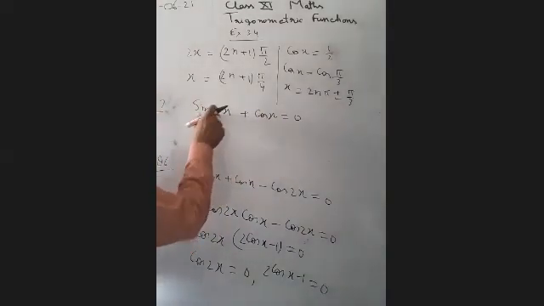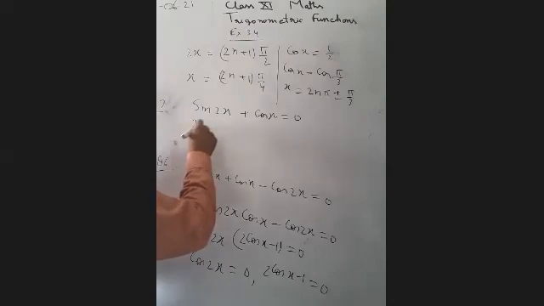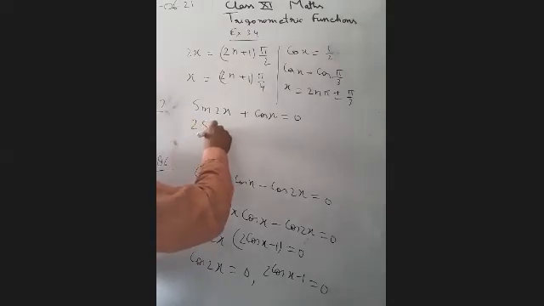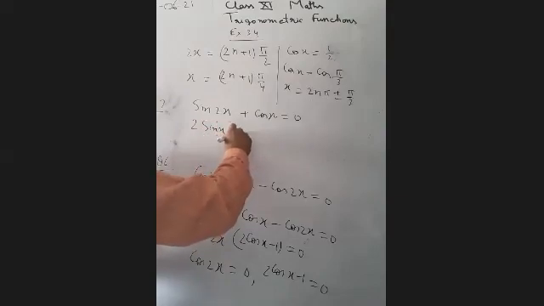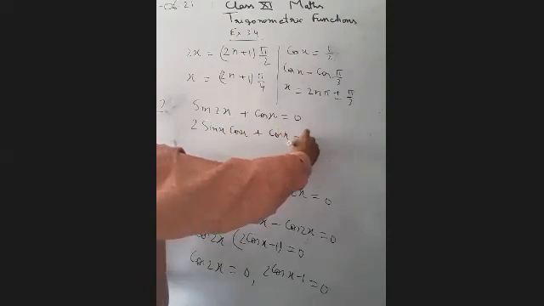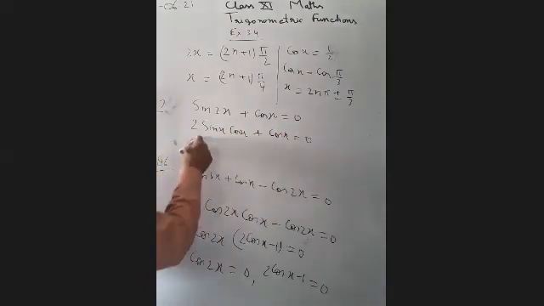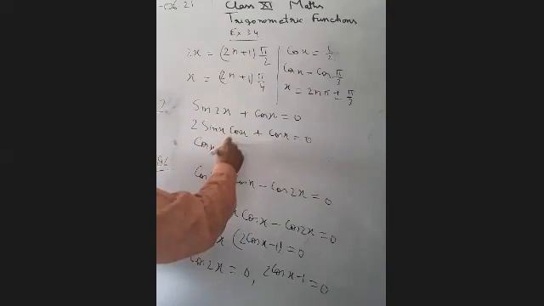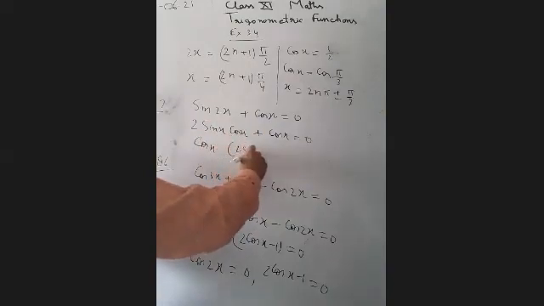So we can open this expression using the formula of sin 2x, 2 sin x cos x, plus cos x is equal to 0. Now we can take common cos x. You will get cos x (2 sin x plus 1) equal to 0.